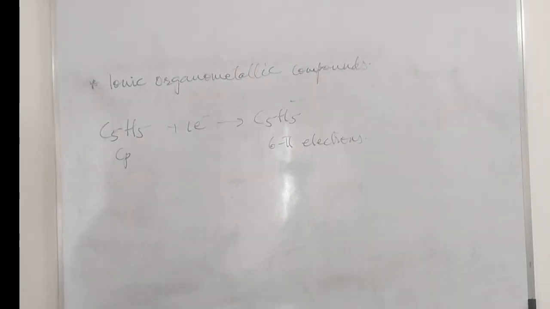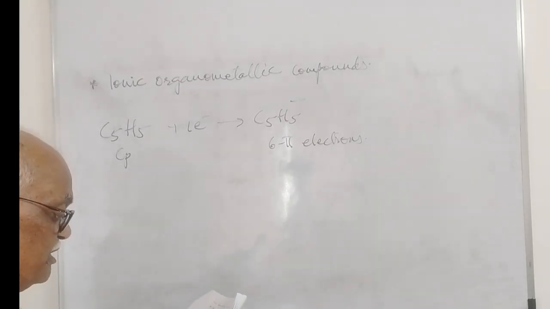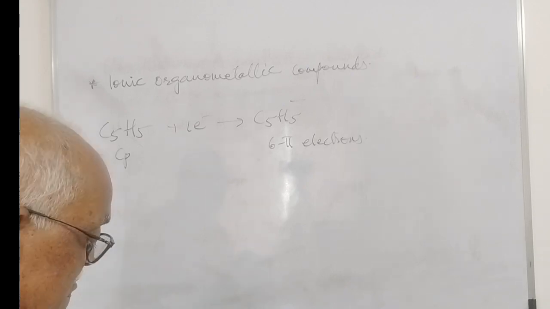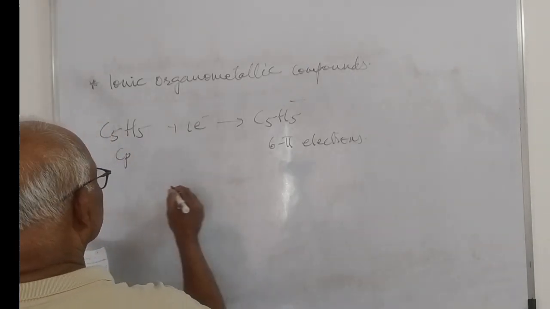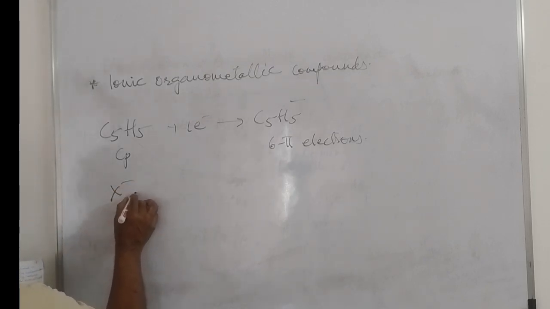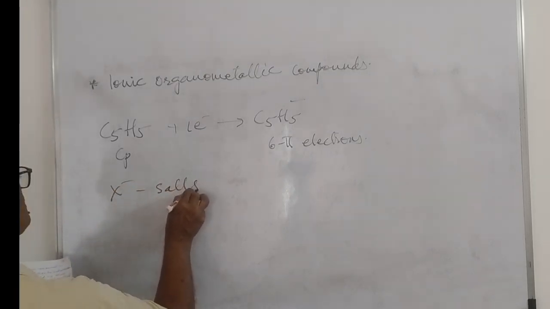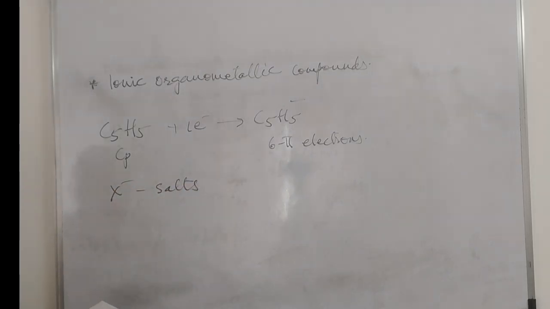Such as present in benzene, as we have shown here, stable anions like halide anions can form salts with metals.